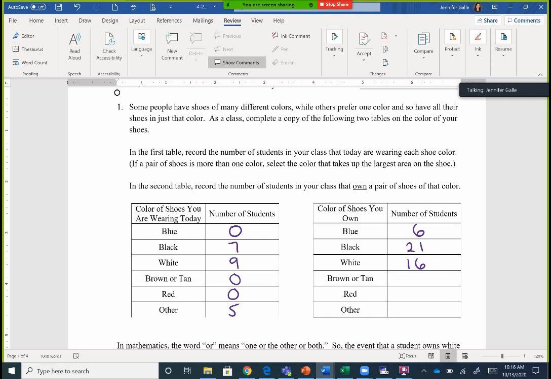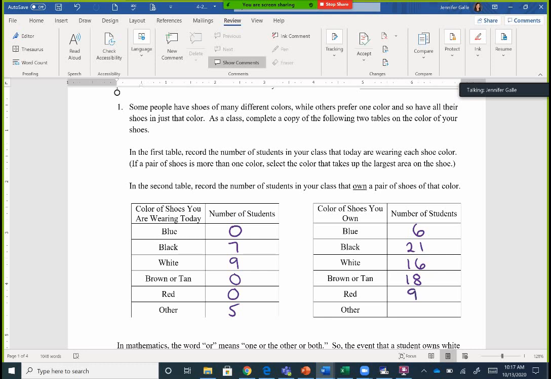Raise your hand. Oh, brown's always a tough one. Raise your hand if you own brown shoes. This one's always hit or miss for me. 6, 7, 8, 18. Okay, that would have been easier to do a not one on that one too. All right, raise your hand if you own red. All right, we've got 9.